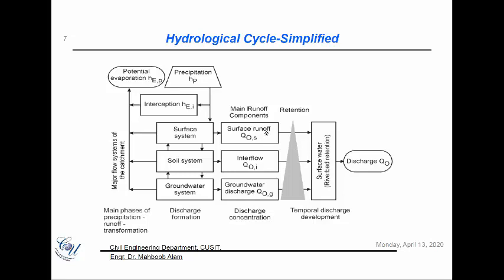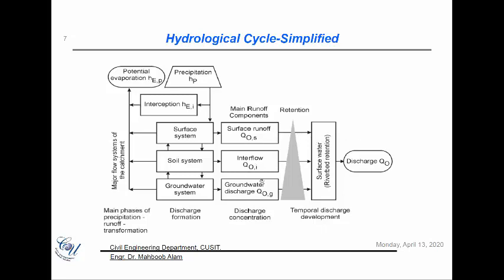Surface runoff is that part of the runoff which directly drains, so precipitation falls on a surface, and without going into the soil system, it directly drains to a certain reservoir or to a certain stream.